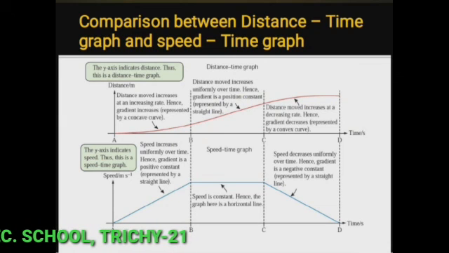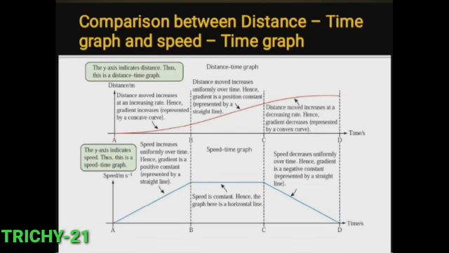At speed time graph, so from A to B, speed increases uniformly. So gradient is positive. Then from B to C, speed is constant. The graph here is a horizontal line. So this shows the speed is constant. Then from C to D, speed decreases uniformly over time.